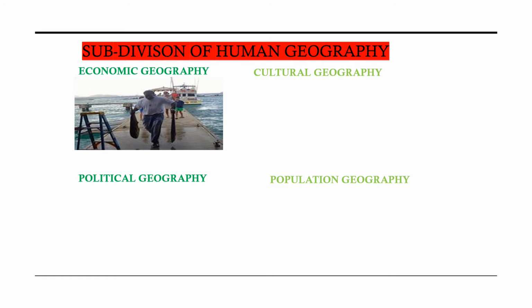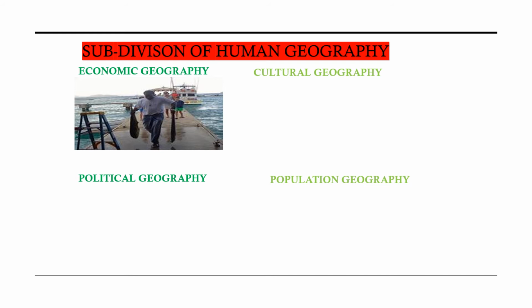Okay, so that's an example of an economic activity. Can anybody think of the main economic activities in the BVI? If you are thinking tourism and financial services, you are correct.